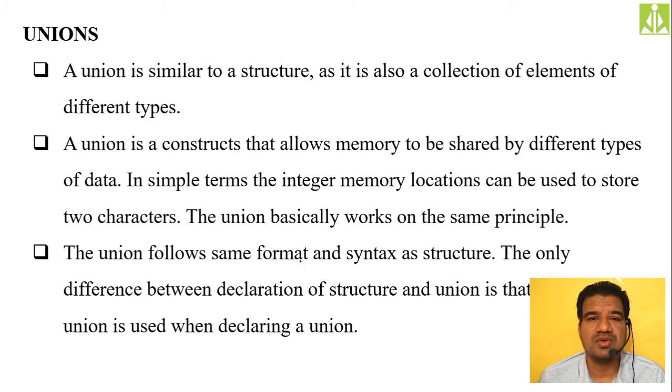Your union is a memory efficient way of using heterogeneous data types. For heterogeneous data types we have two different things: the first one is structure, the second one is union. If you go with structures, you will not see any memory efficiency. But if you go with unions, it is a memory efficient technique to use for heterogeneous data elements in your program.